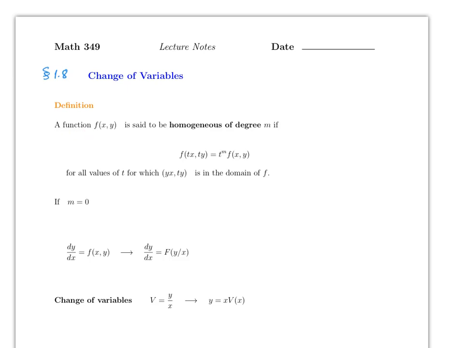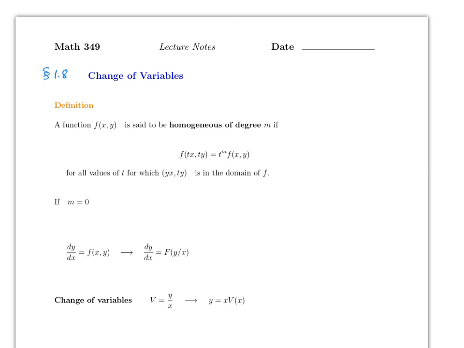A function of two variables is said to be homogeneous of degree m if the following is true for all values of t for which the ordered pair is in the domain of f.